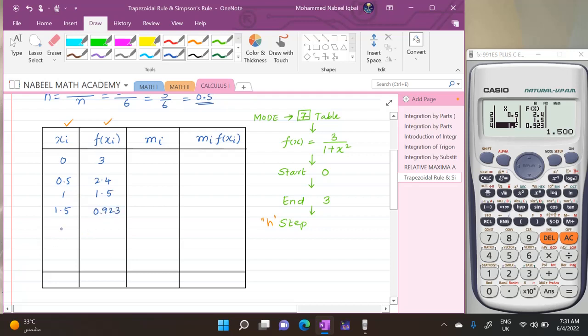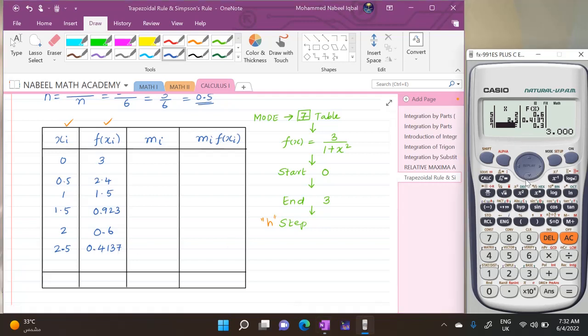For 2, the f of x value is 0.6. For 2.5, it is 0.4137, and the last value is for 3, which is 0.3. So these are the two columns I have filled from the calculator.